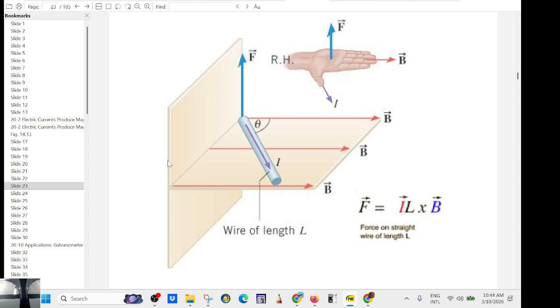So the force is coming out of your palm. If they are parallel to each other, there is no force. If this is the angle between B and I, if this angle is 0 degrees or 180 degrees, there is no force. Maximum will be 90 degrees. This is called the cross product, and that will be the equation for that. Most important is to know how to use your right hand. The current, magnetic field, the force is coming out of your hand.